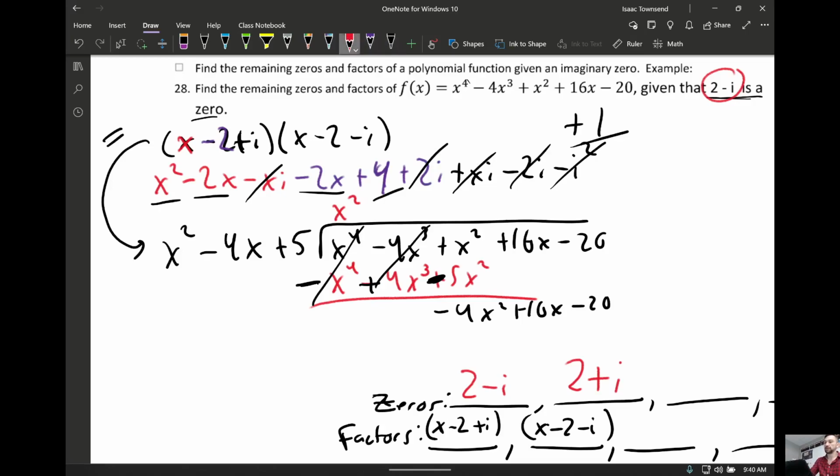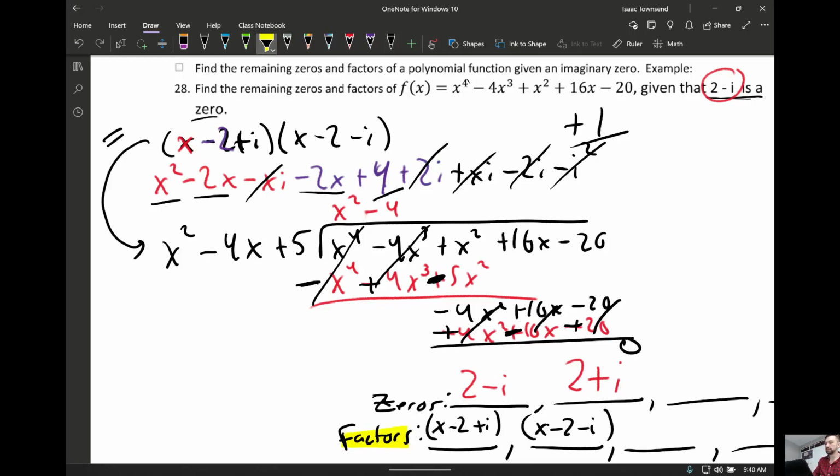And then do it again. It's minus 4, because minus 4 times x squared is minus 4x squared. These make 16x. These make minus 20. And when you change the signs, everything cancels out and gives you a remainder of 0, which should happen.